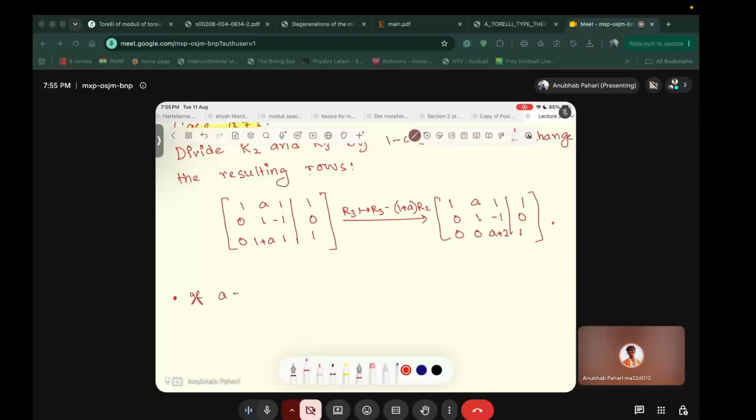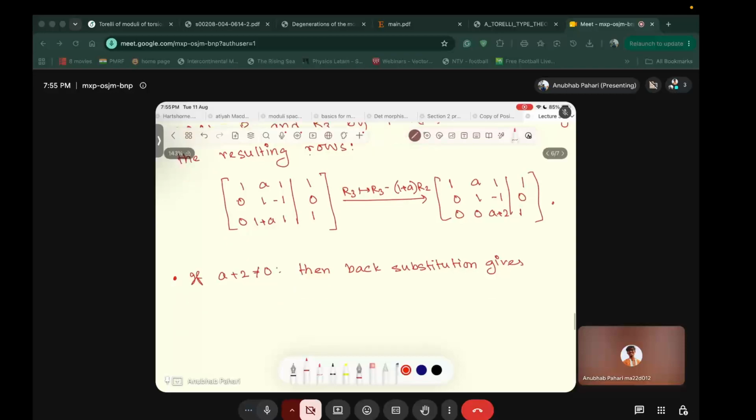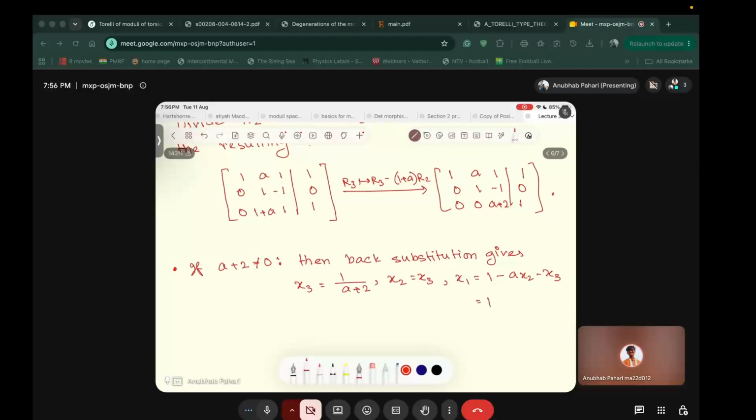If a plus 2 is not equal to 0, then back substitution gives x3 equals 1 by a plus 2, and x2 equals x3, and x1 equals 1 minus a x2 minus x3, which will give us 1 minus a by a plus 2 minus 1 by a plus 2.